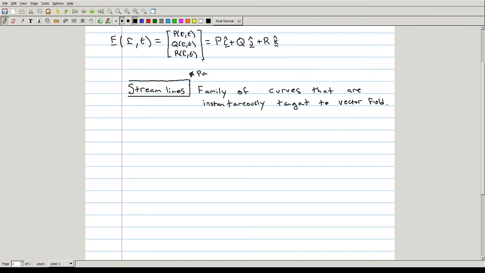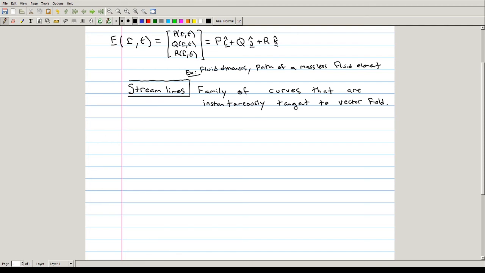So in the example of fluid dynamics, this is the exact path that a massless fluid element would take at that instant.